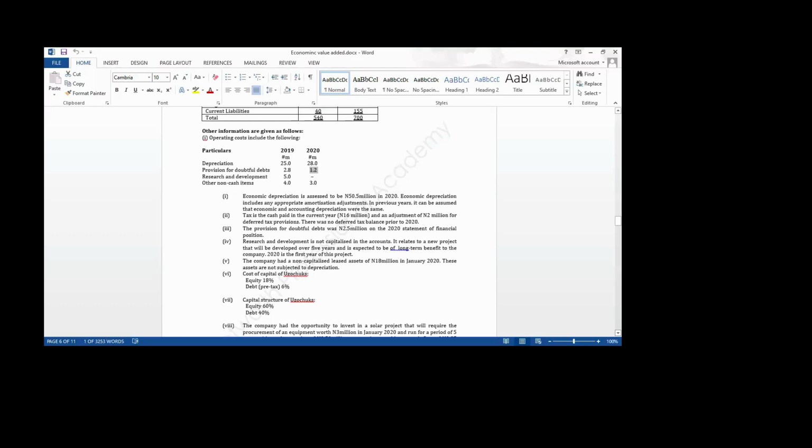You have revenue expense: expenses deducted in full in the year it was incurred. Capital expense: expenses spread over a number of years in which the benefit was enjoyed.